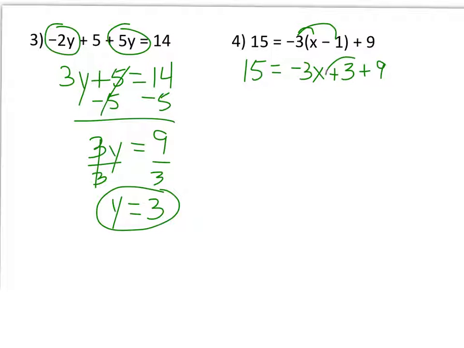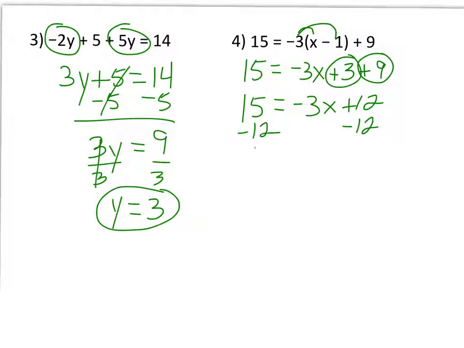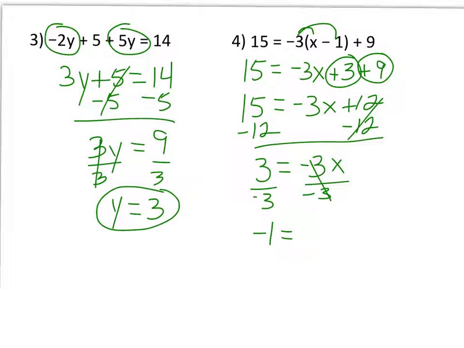All right, now combine like terms. 15 equals negative 3x plus 12. Solve for x, so let's undo addition first. Get 3 equals negative 3x. And lastly, divide by negative 3. So negative 1 equals x.